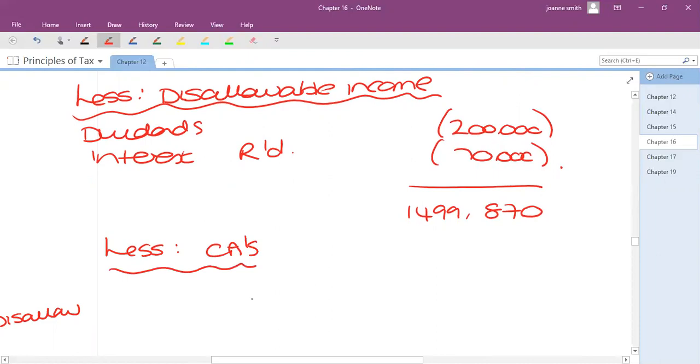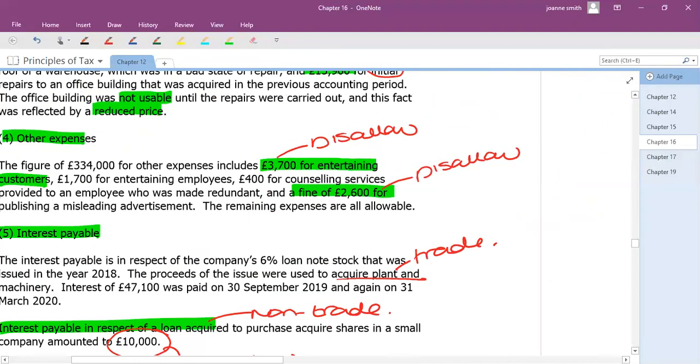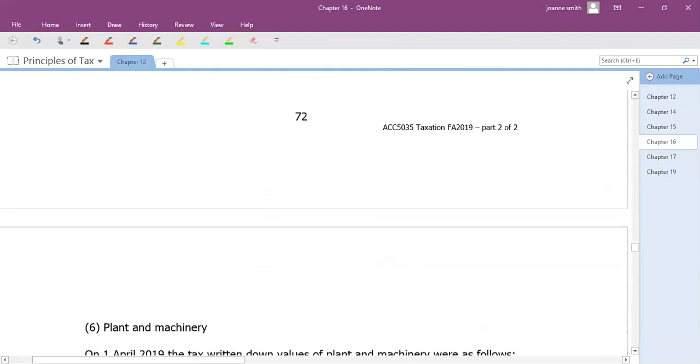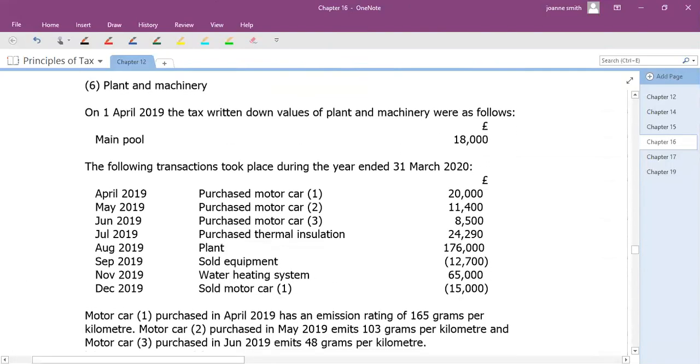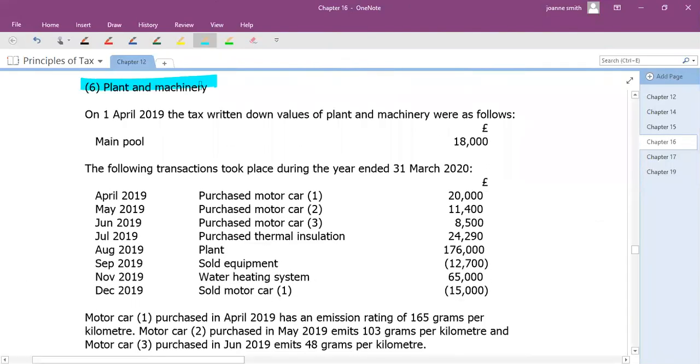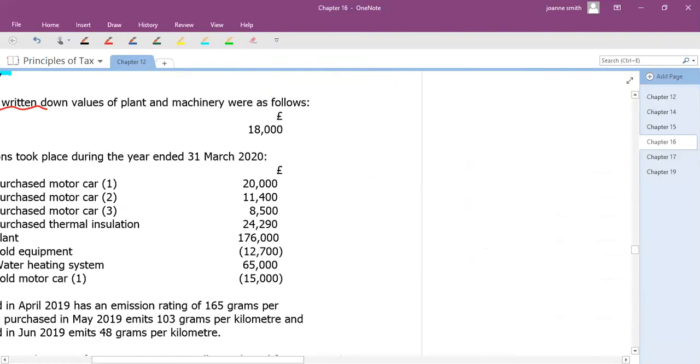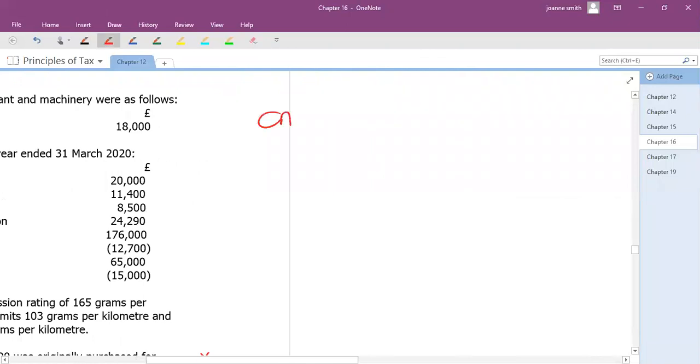So we've got to calculate these capital allowances, which we need to use this note down here, which is note number 6. Okay, so we just got a 12-month set of accounts. We've got a brought down balance of the main pool. So let's set this up, capital allowances. We've got the main pool.